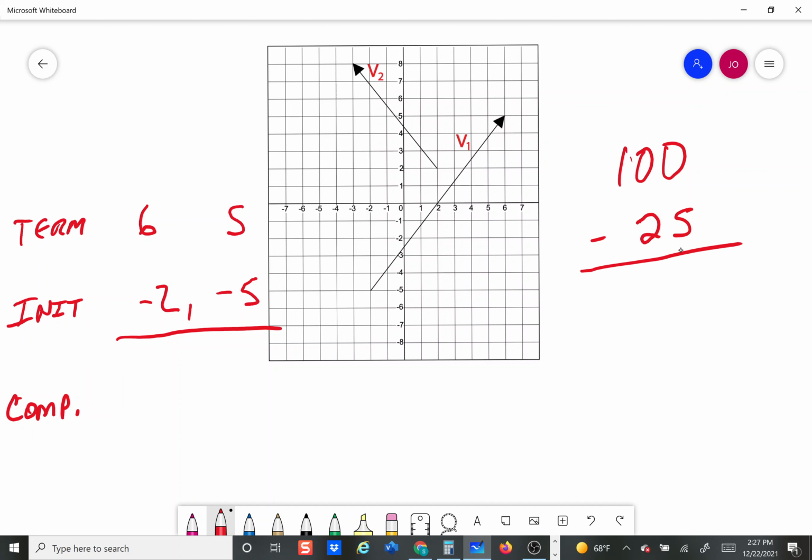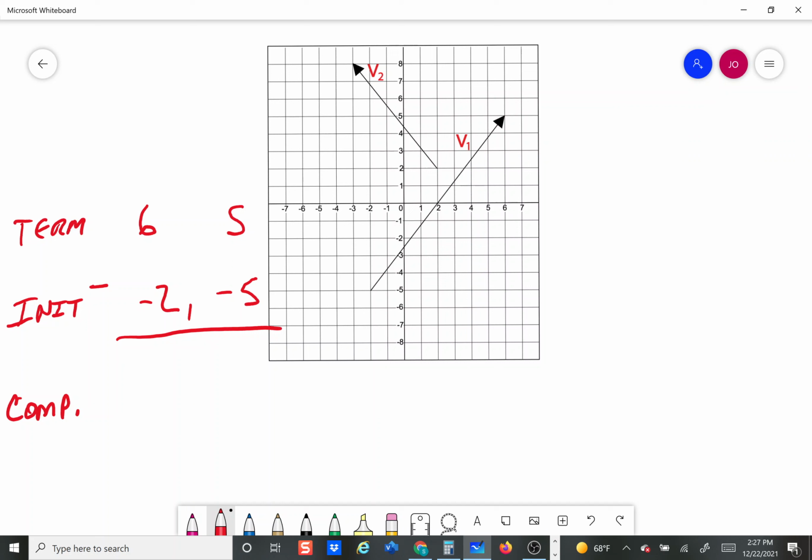I can take that 100 minus 25, and I can say that I made $75 today. We're going to do the exact same thing with our initial and our terminal point. The one thing that we've got to remember for sure is we are going to take this -2 and -5 and we are subtracting those values. So if I subtract a -2, that's the same thing as adding a +2.